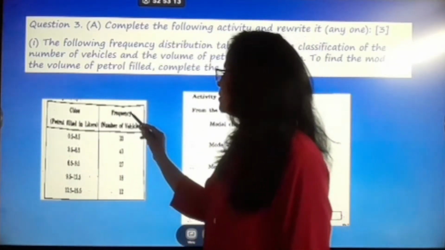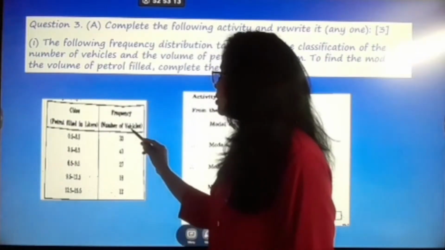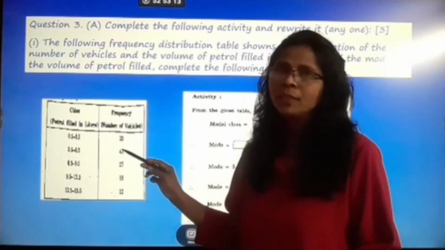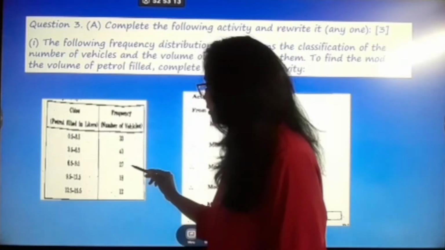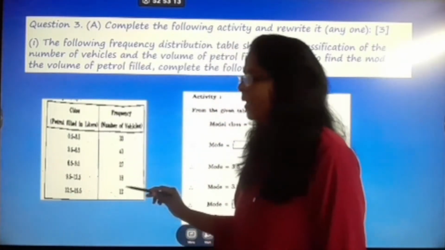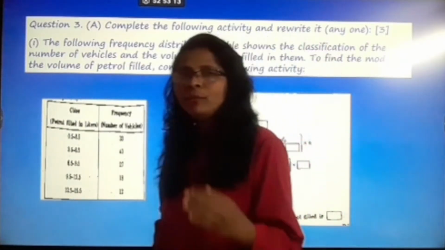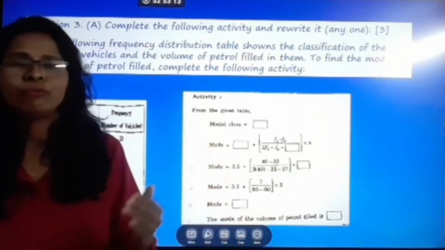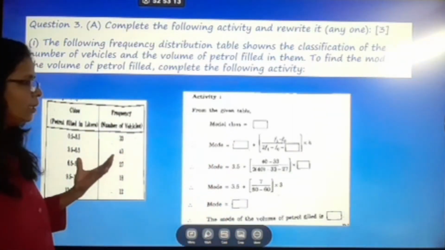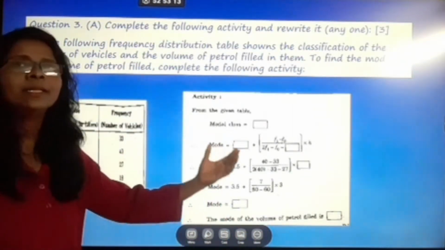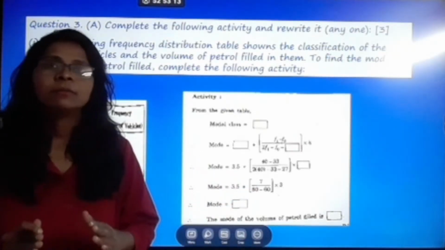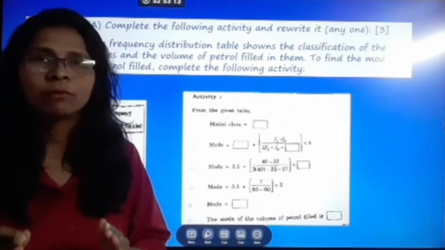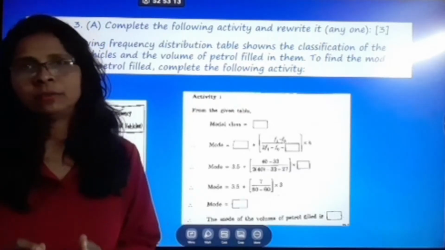And the frequency, that means the number of vehicles, is given respectively as 33, 40, 27, 18 and 12. Okay students, for this given table we have to solve the activity. Keep in mind, this is a question for 3 marks.